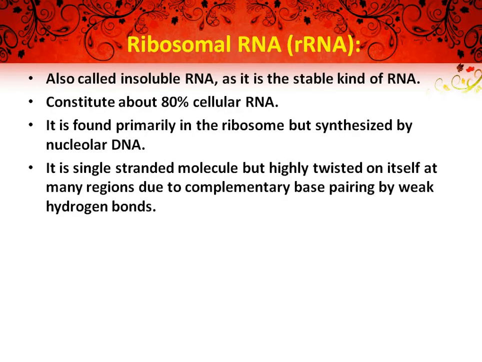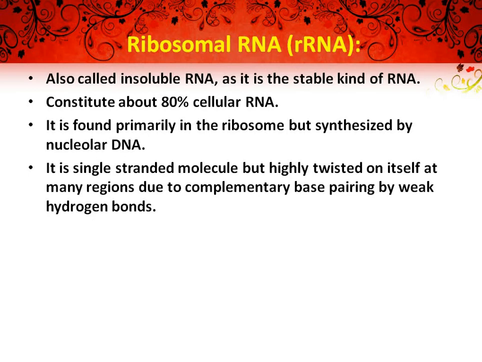Now, the third form of RNA is the ribosomal RNA. As the name indicates, it is found in the ribosomes. It constitutes 80% of the total RNA of the cell.